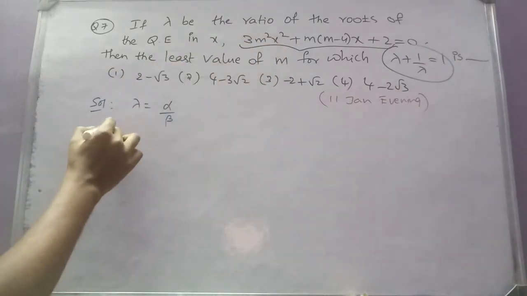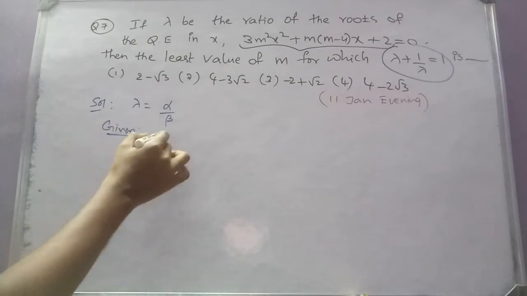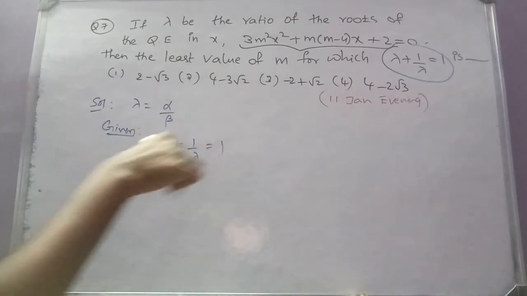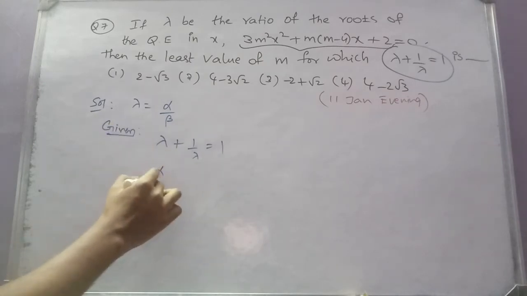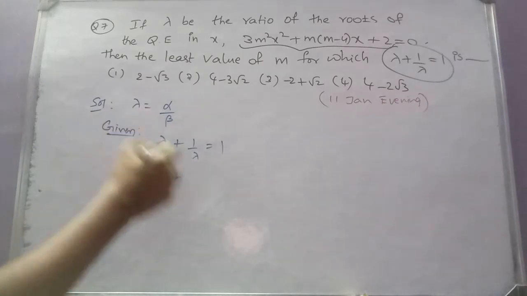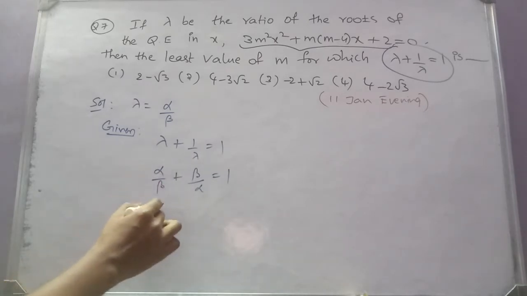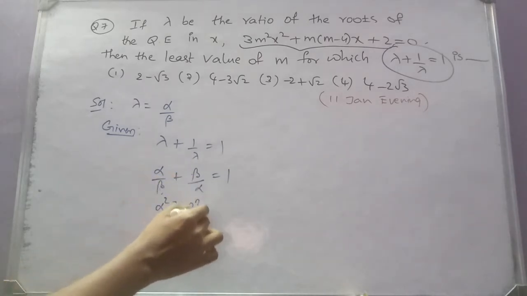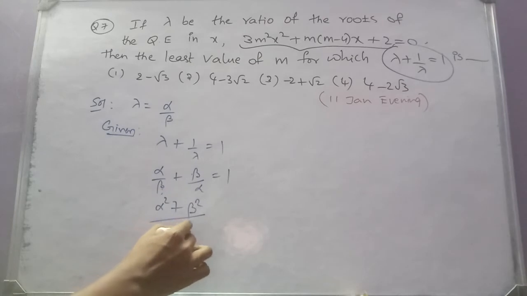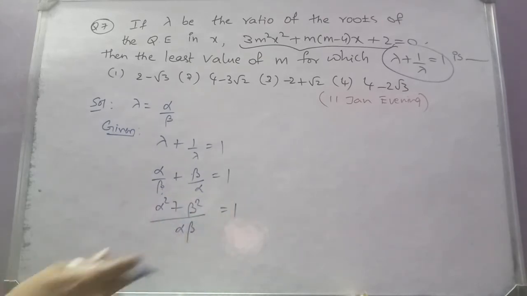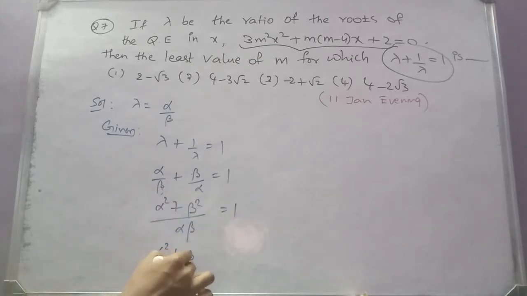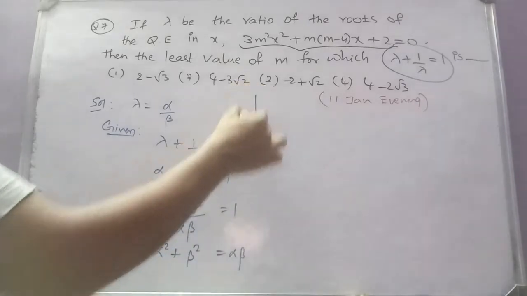So they have given that lambda plus 1 by lambda equal to 1. So lambda is alpha by beta plus 1 by lambda means beta by alpha equal to 1. So you can take LCM: alpha square plus beta square divided by alpha beta equal to 1. Cross multiply. Alpha square plus beta square is equal to alpha beta. Continue.